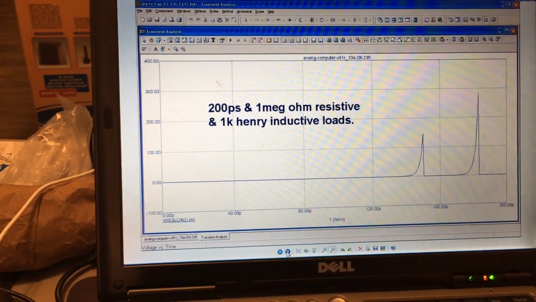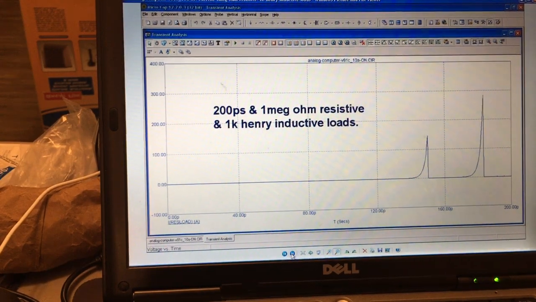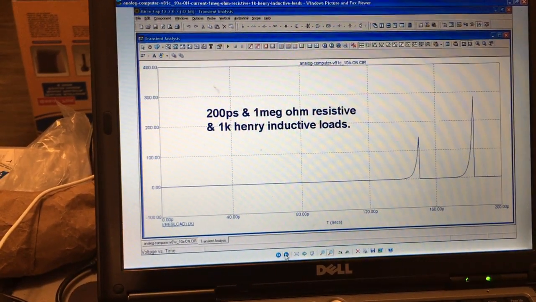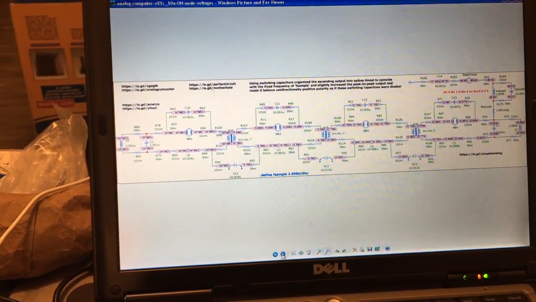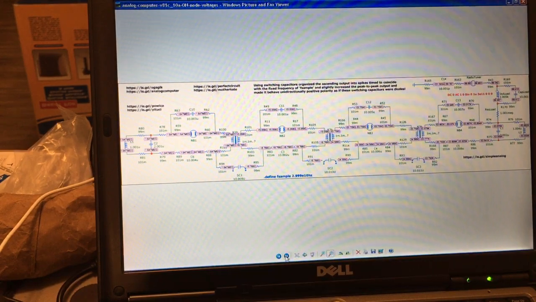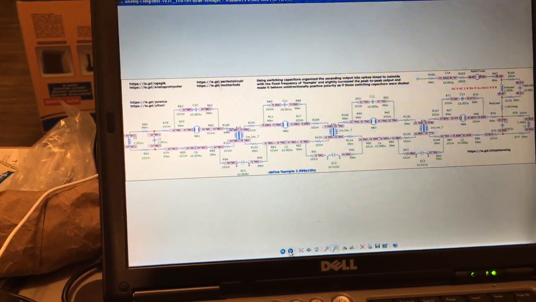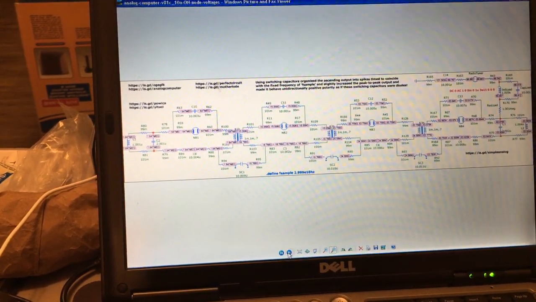So the resistive load has dropped back down to just under 300 amps. The node voltages are still pretty high, gigavolts, but the tera has disappeared.